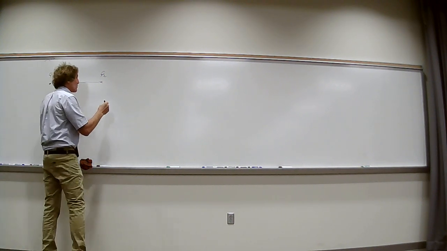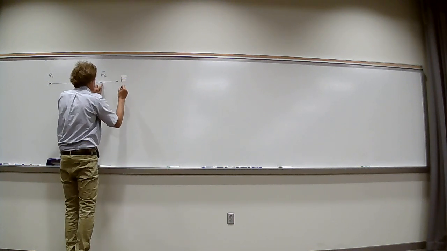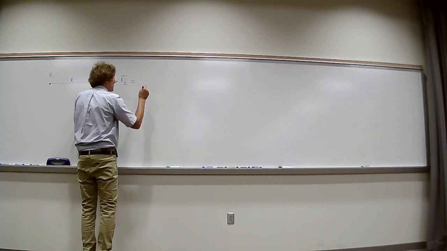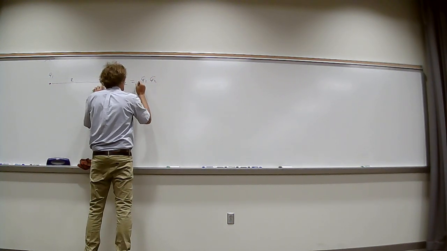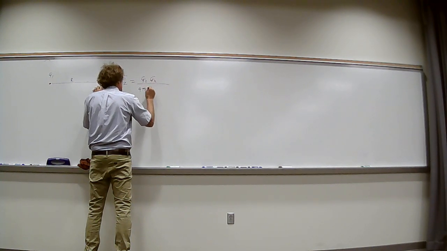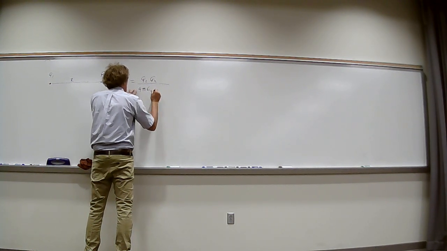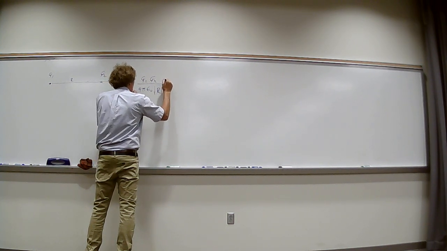In general, if they're both plus, we're going to get a force here on charge 2 equal to magnitude of Q1, magnitude of Q2, over 4 pi epsilon naught r squared in the AR direction.